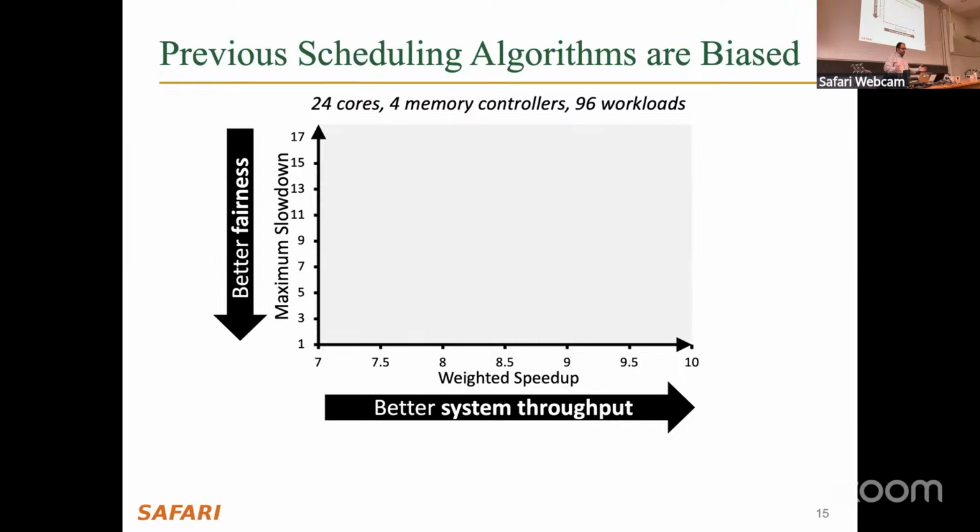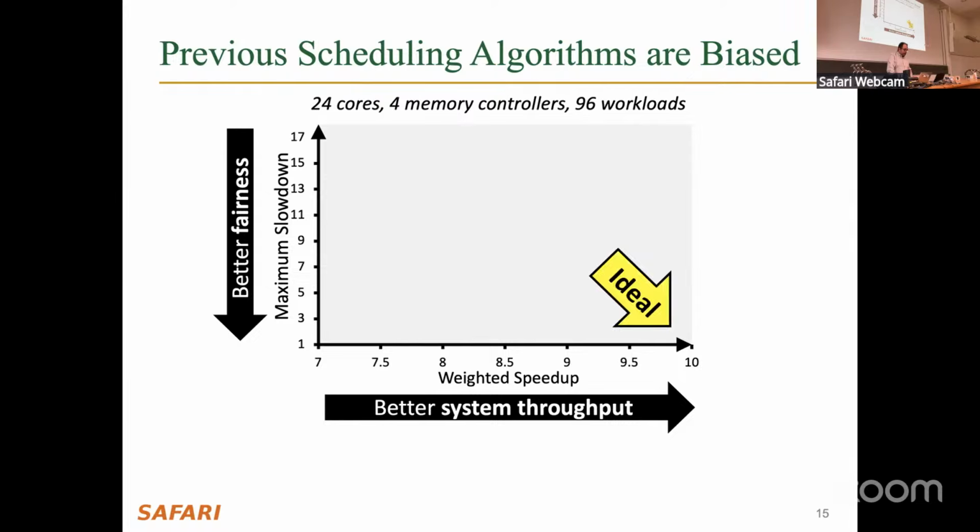When you run them together, each application has a slowdown, so you have a different performance per thread or per application. The way you combine them is with metrics like weighted speedup, and you can check the paper for more detail. That's one way to report performance when you have multiple applications.